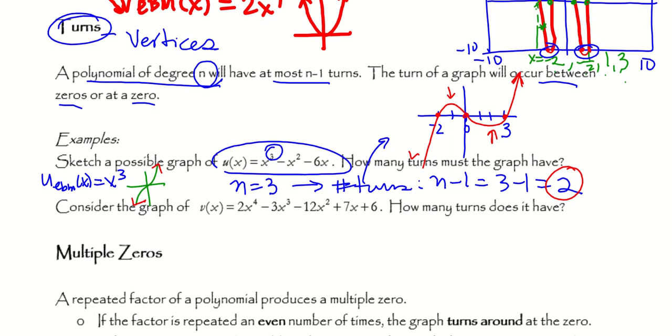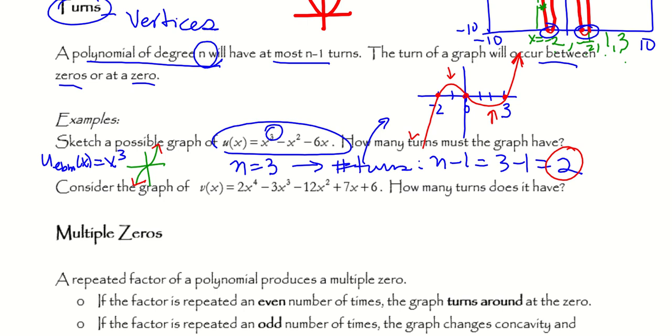We're going to look at v of x, which was 2x to the fourth minus 3x squared minus 12x plus 7x plus 6. Now we've already seen the graph of this. We did this just up here in these notes. But let's just look at the number of turns.